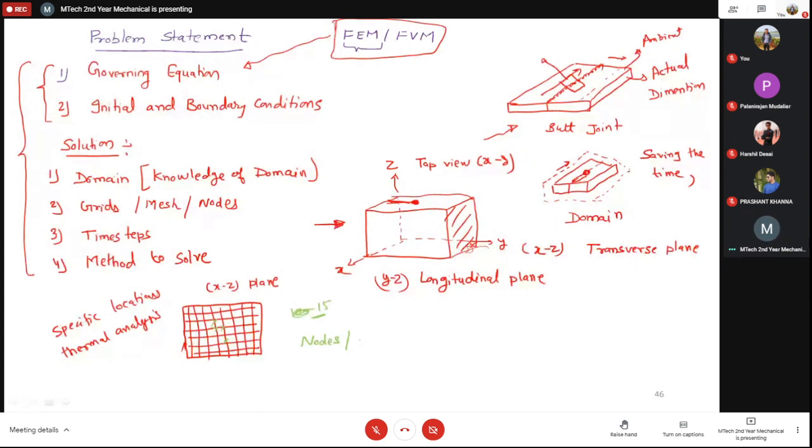After solution, if it is the thermal analysis we'll get the temperature, if it is structural analysis we'll get the information about the deflection or the stresses. So we'll get various types of information over these points.